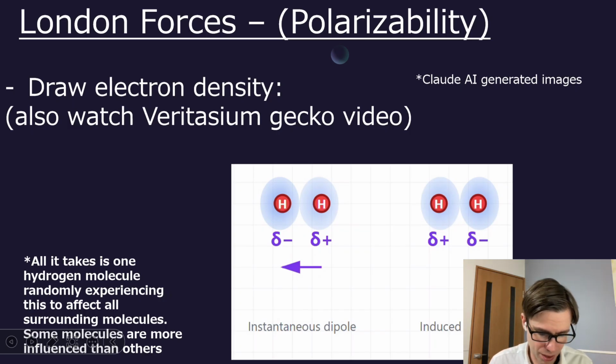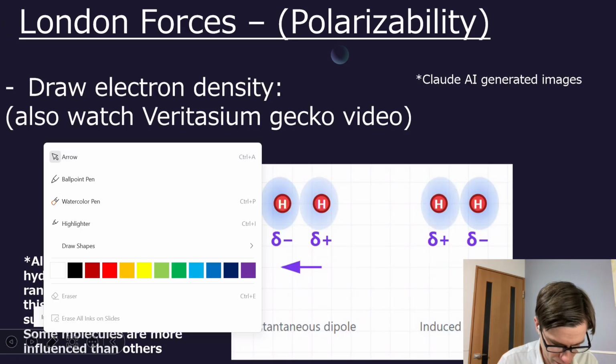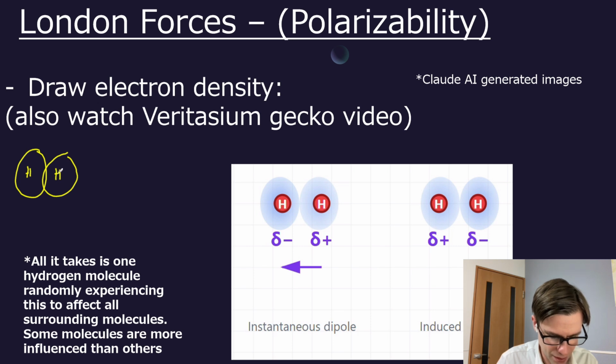So how does it work? Let's imagine just a hydrogen H2 molecule. You draw that in yellow here. H bonded with H. These each bring 1 electron to this bond.